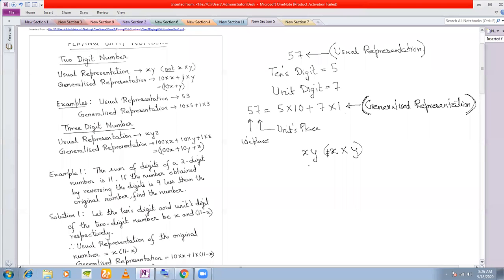If this is your usual representation, then what should be the generalized representation of this number? Can anyone tell me what should be the generalized representation?